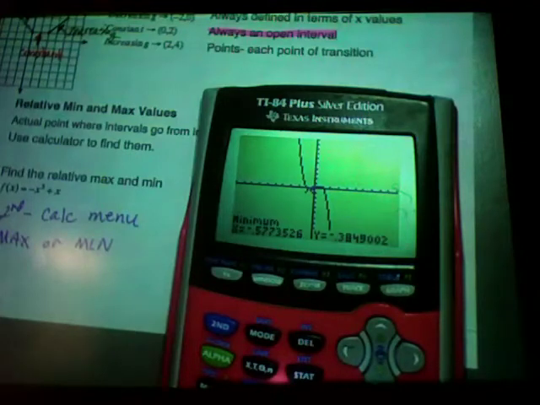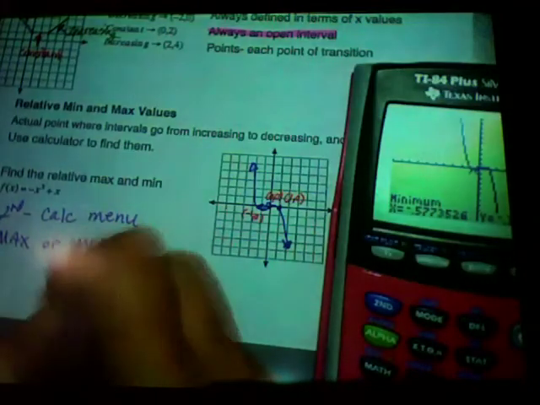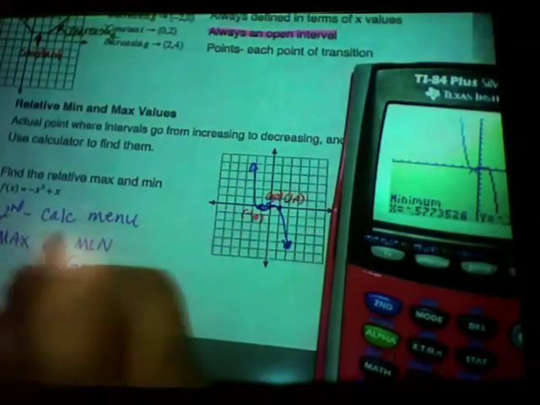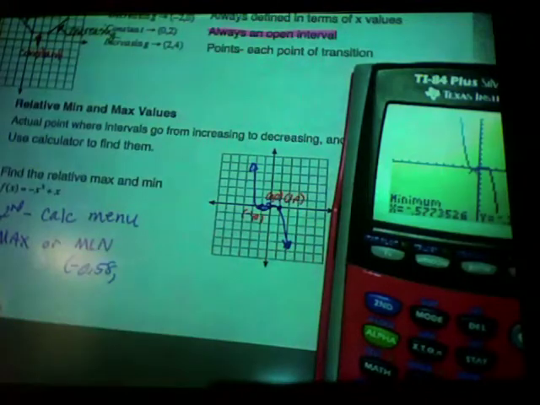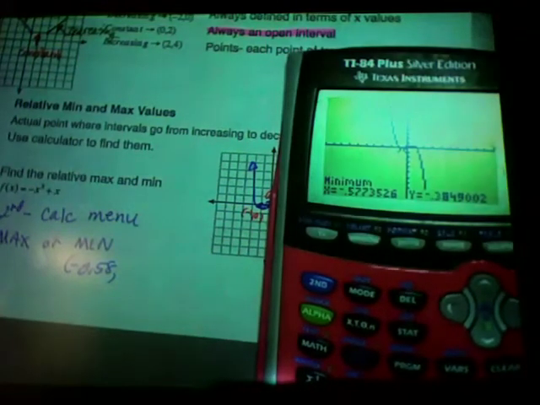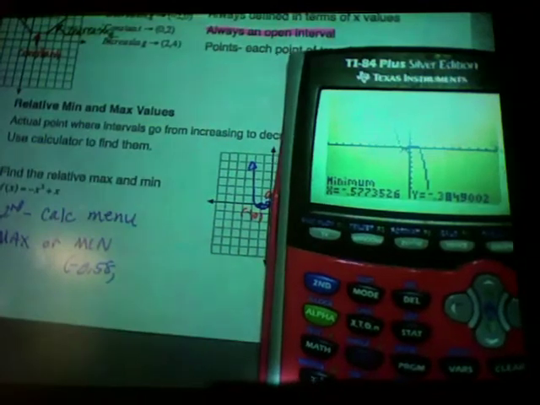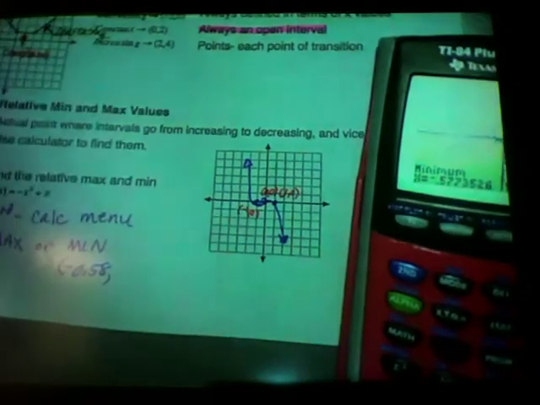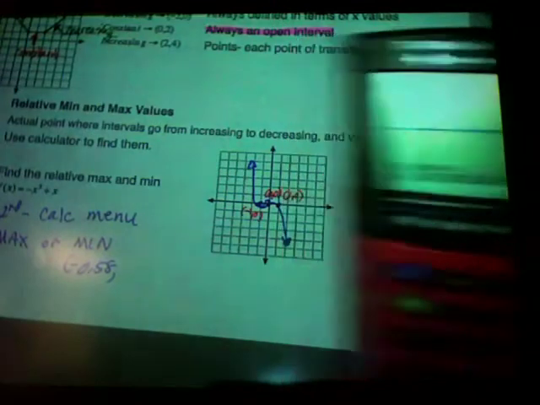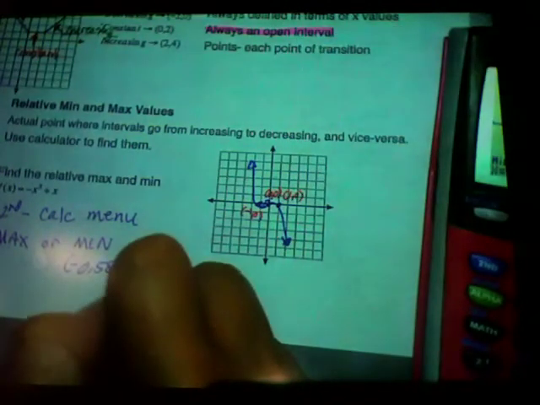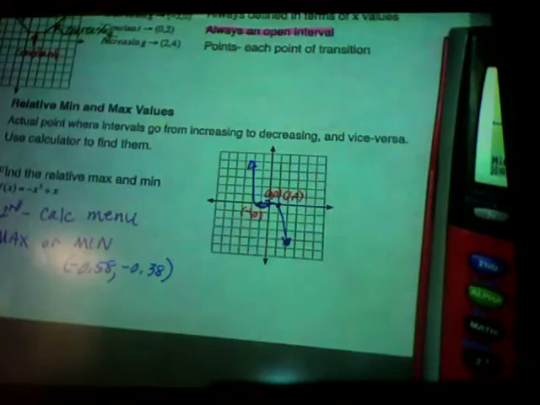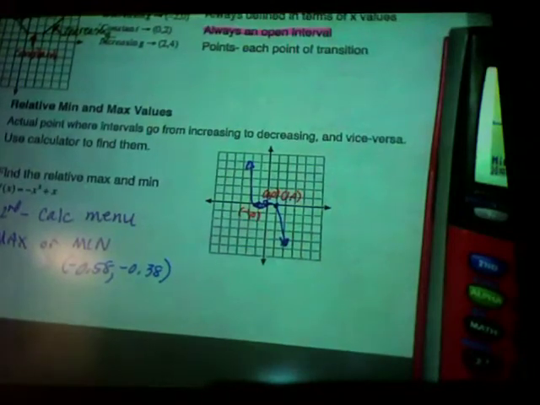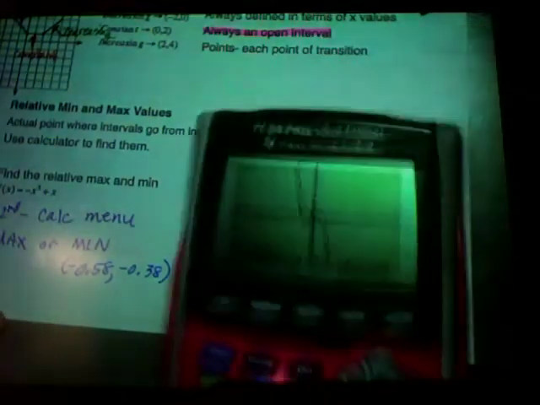So my x is negative 0.58. So my minimum is negative 0.58, comma, and then my y is negative 0.38. Well, we're not going to go to 3, so just negative 0.38. And then look for your max.